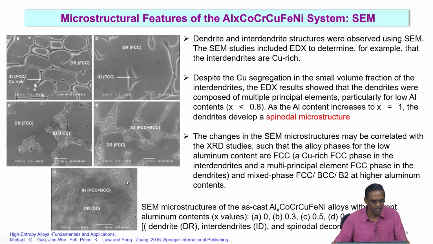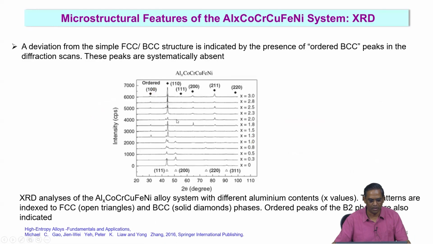So we are relating this exactly with what we see in XRD. It is exactly matching with what we have seen, right? As the aluminum content goes up, you start seeing a mixture of FCC plus BCC, and then beyond 1 you see the spinodal decomposition.